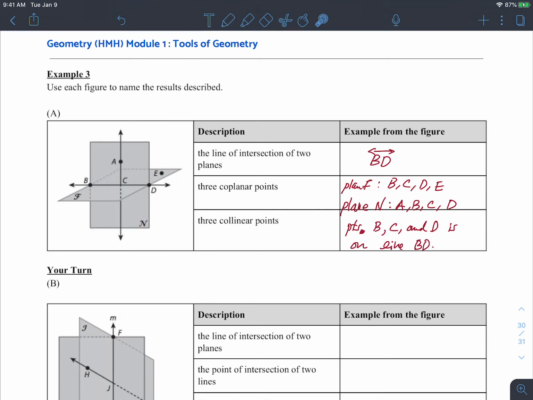So instead of writing line BD this way, you can also write it as a line BD. Okay. Now, obviously, there are infinite number of lines over here, but because they were not named, we can't just make up names, right? So that's the only answer possible.